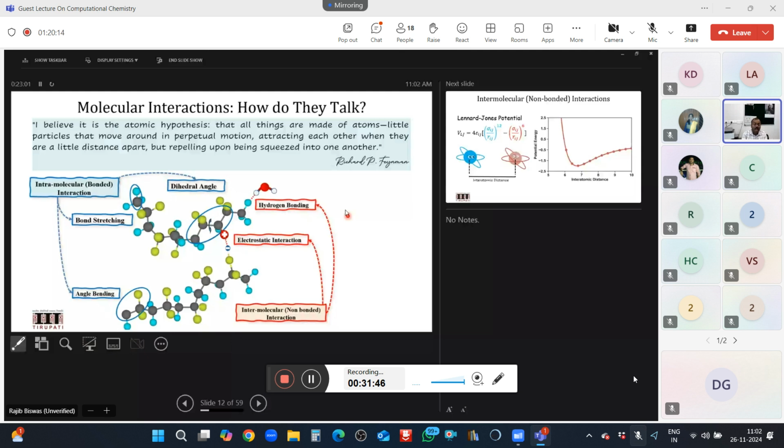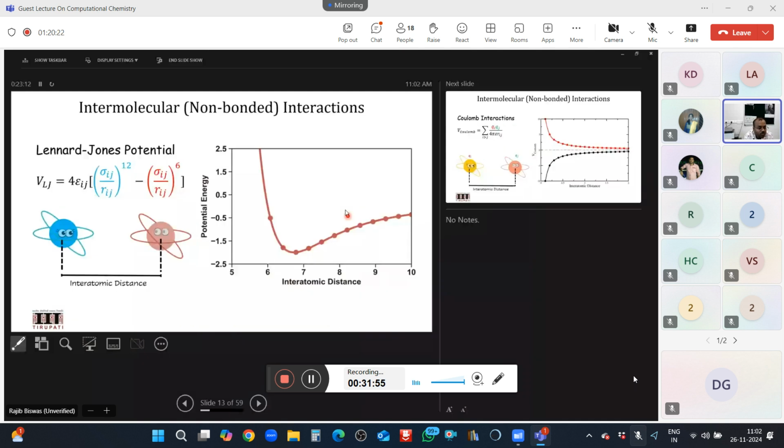Now let us just go ahead and use a simple mathematical model to treat them. So this is one of the very celebrated potential energy functions which we routinely use to model van der Waals interactions and dispersion interactions in molecular simulations, classical approach. Okay. So it has two parts: the blue part is repulsive in nature. You can see it is positive.